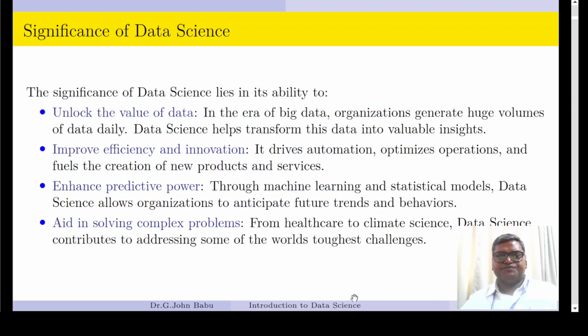Going further, let us also see the significance of data science. So, data science helps us to unlock the value of the data. Somebody said very aptly that data is the new currency.